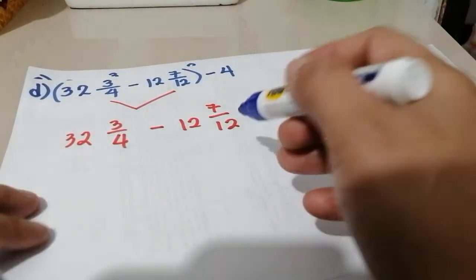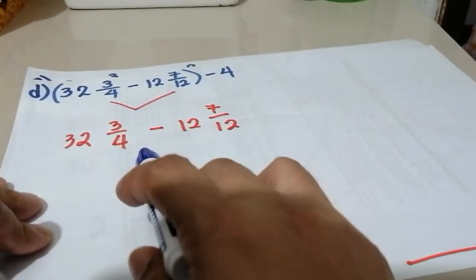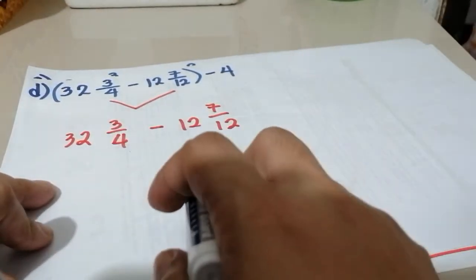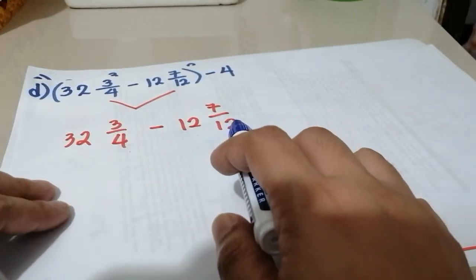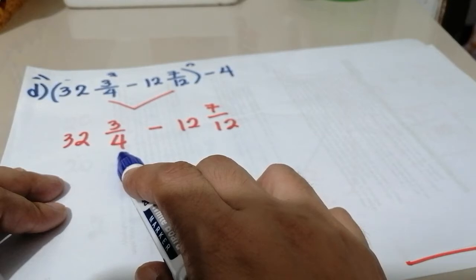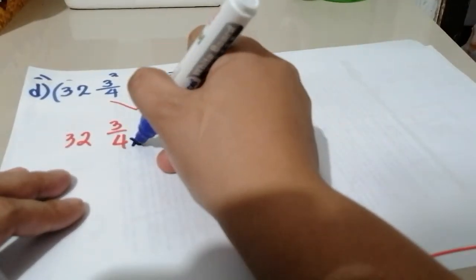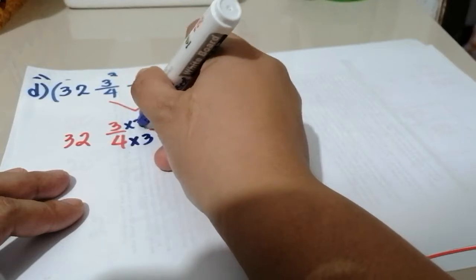Take note here, 12 is a multiple of 4. At dahil 12 is a multiple of 4, we don't need to make this 12 into a different denominator. But instead, pwede natin gawin yung 4 para maging 12 by multiplying this by 3 times 3.